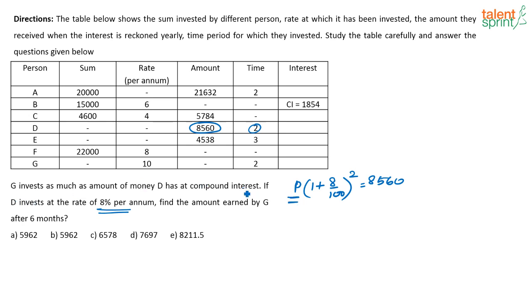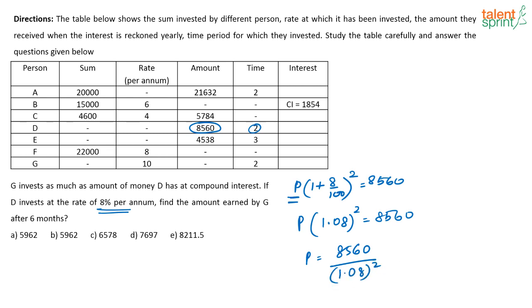Very clearly it is given, it is compound interest here, correct? G invests as much amount as D has at compound interest, and D has invested so much. So what is P here? P times 1.08 the whole squared is equal to 8560, so P is nothing but 8560 divided by 1.08 the whole squared.